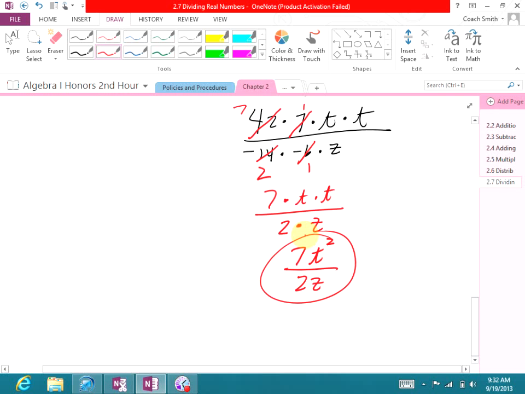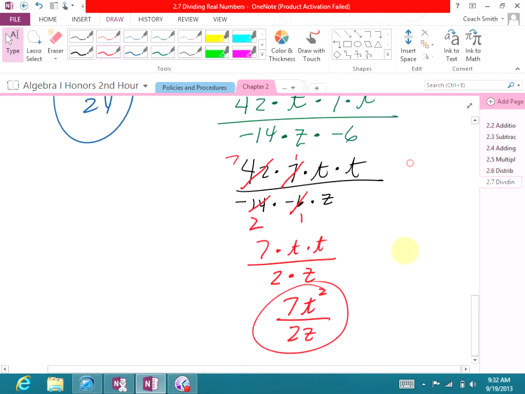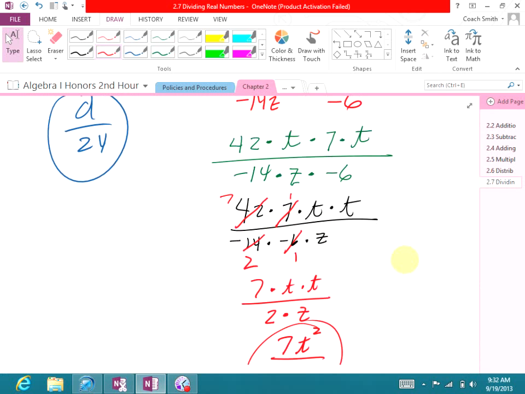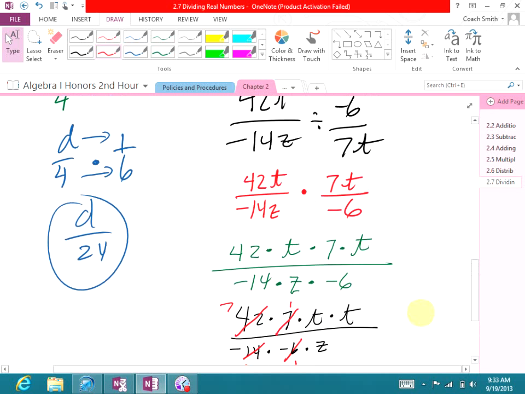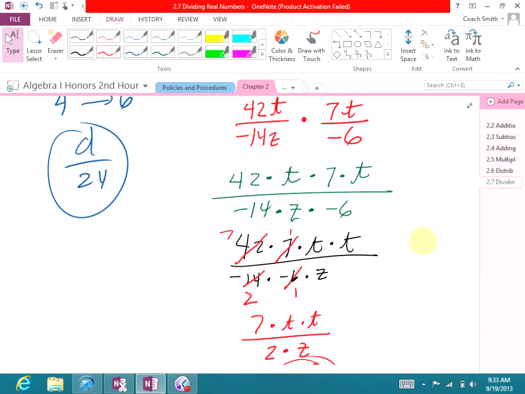Now, it's positive because we had 2 negative signs in the problem. Okay? Now, you don't have to take that many steps. Okay? I am just showing you how and why mathematically I can do what I'm fixing to do. Okay? That is how and why I can take that problem and reduce it down to the final answer.